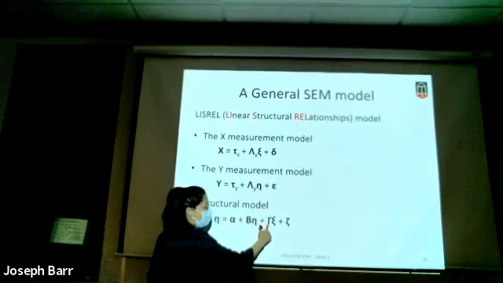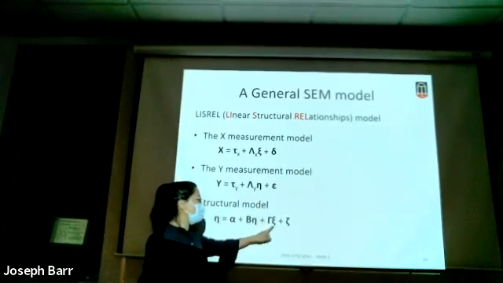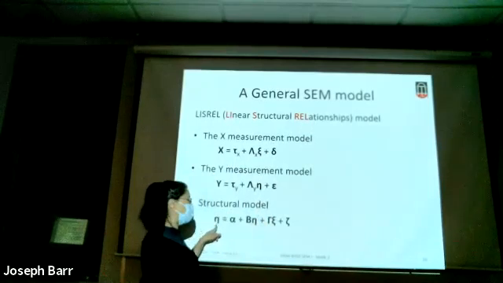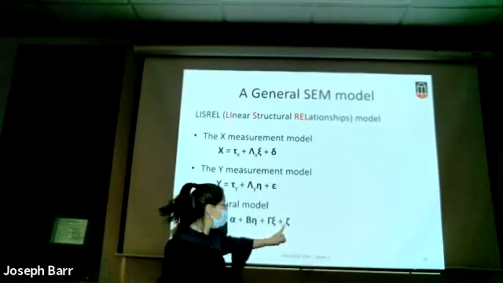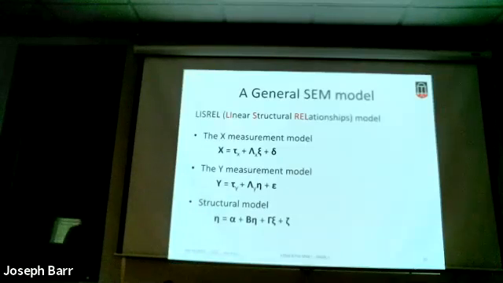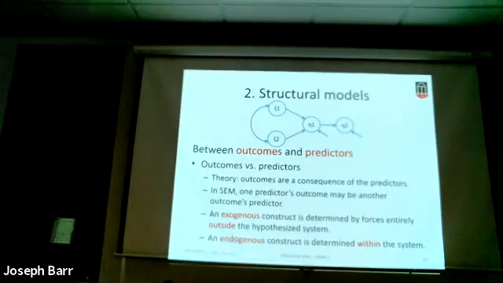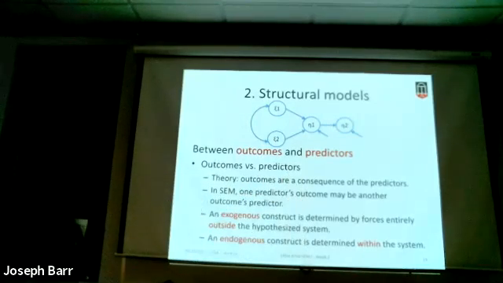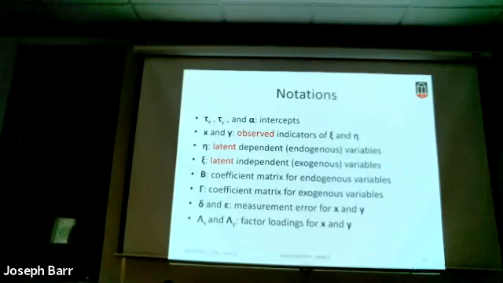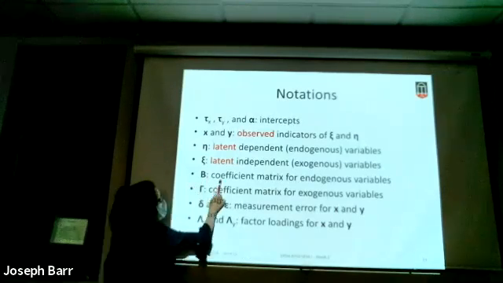So we have matrix gamma, which decides the relationship between C and eta. And we also have the residuals, zeta. That's why here we have the zeta derivative. So all of these are coefficients.